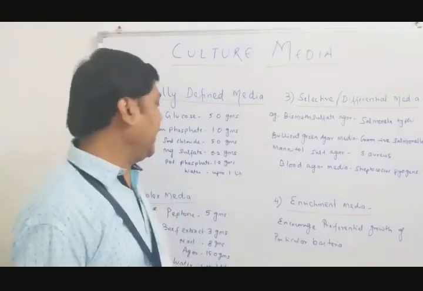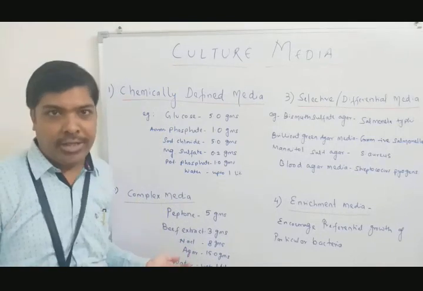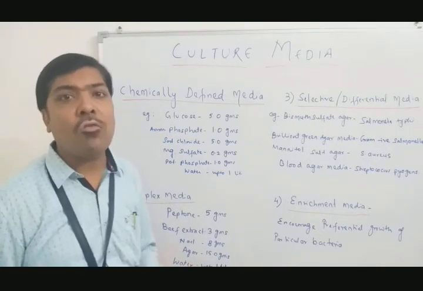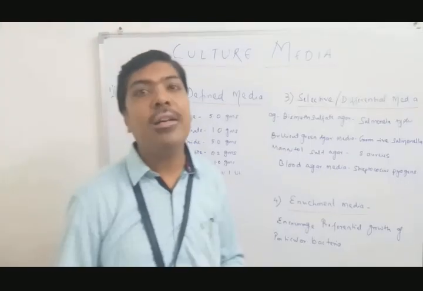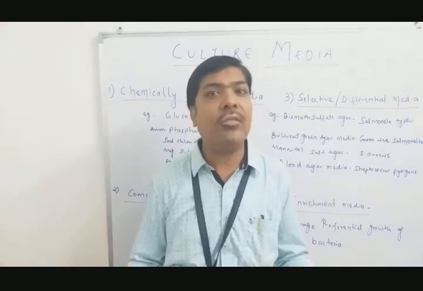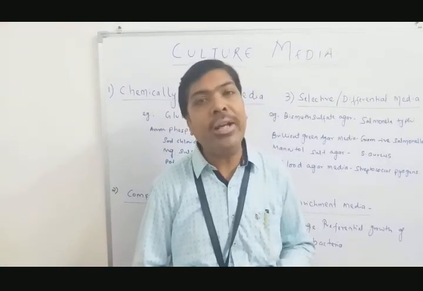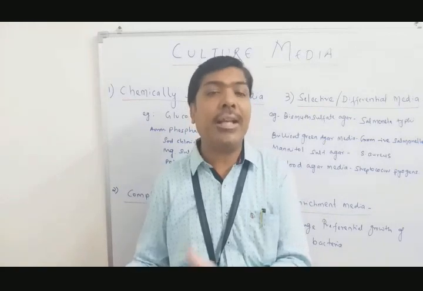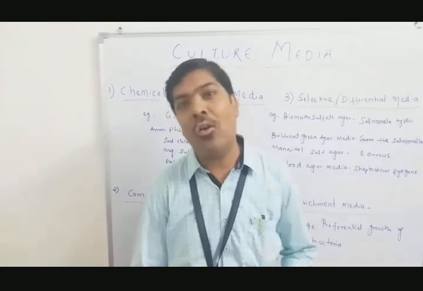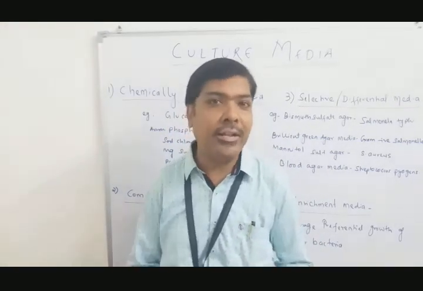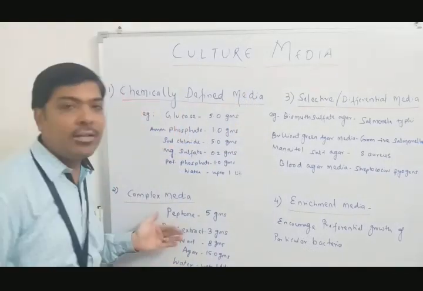The next culture media is a complex media. Now complex media, in contrast to the chemically defined media, is a type of media in which, definition-wise, the exact chemical composition is not defined. How can we understand this? I have given one example.